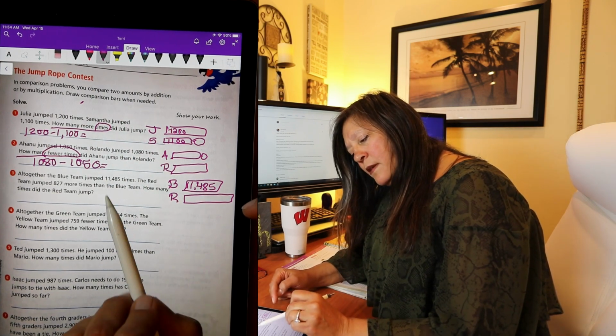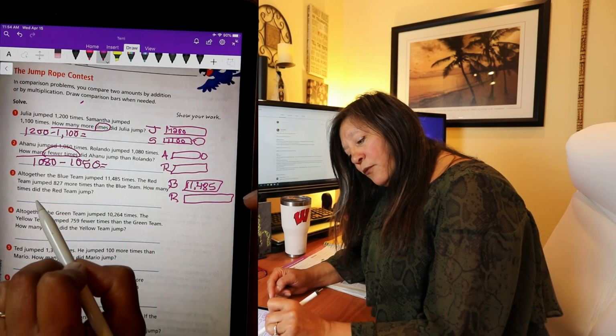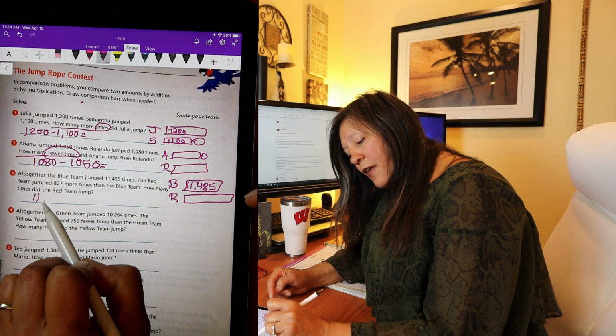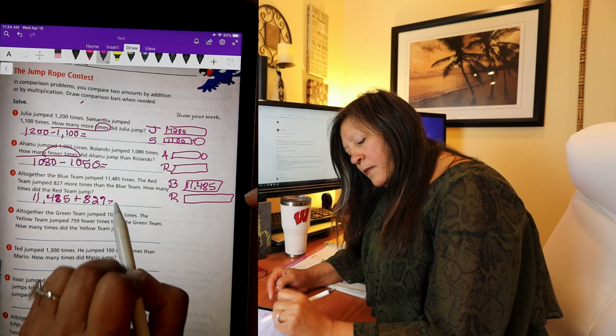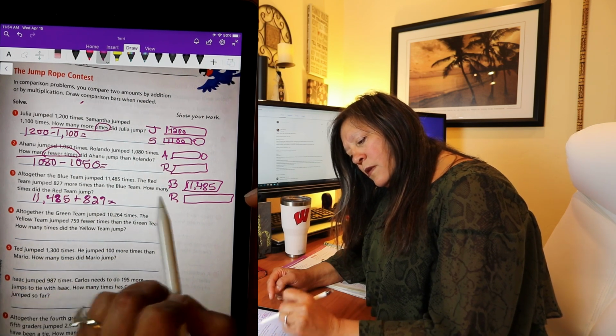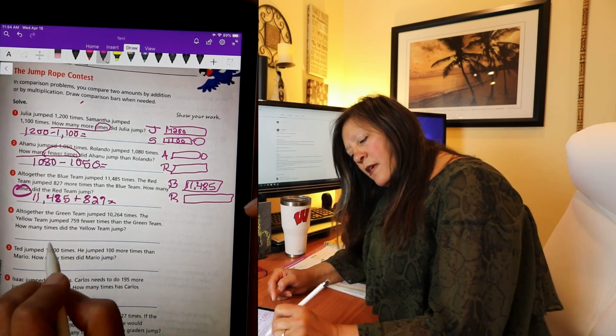To find out how many times the red team jumped, you're going to add those two together. That's going to give you how many times, that's your label, the red team jumped.